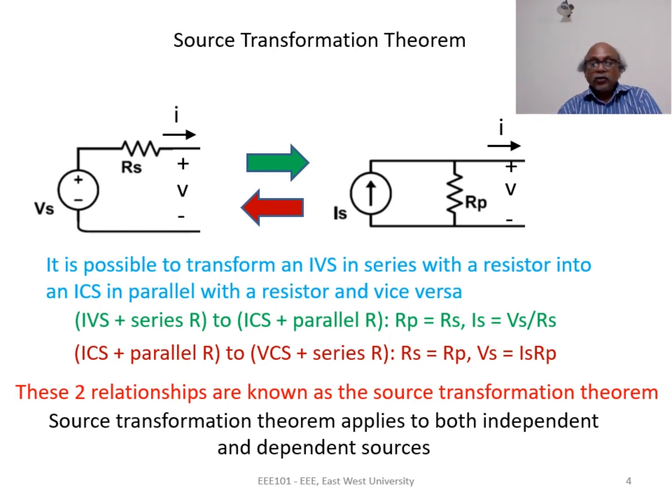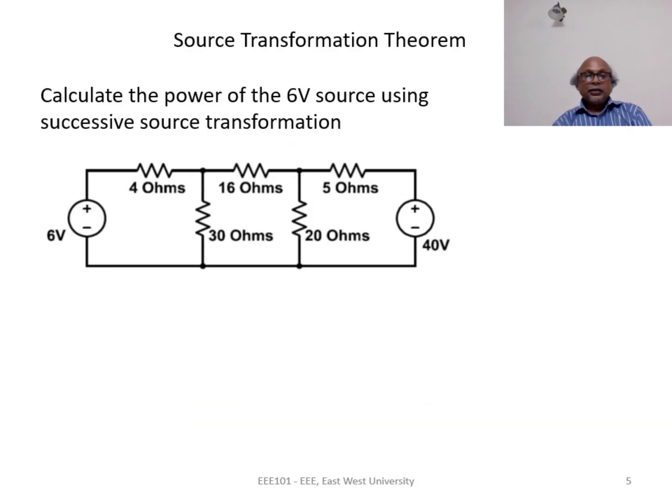Okay, now we know the source transformation theorem. Let's apply it to solve a circuit. In this circuit, we want to calculate the power of the 6-volt source using successive source transformation. Successive means we will transform sources sequentially one after the other until the circuit is simplified.